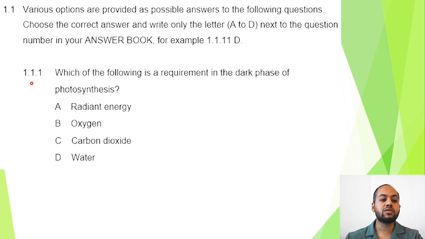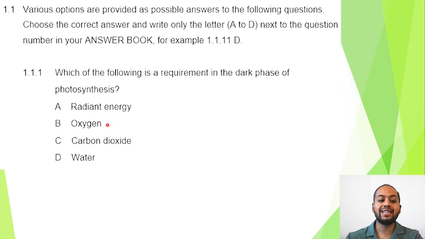So if we go to this first question, it says, which of the following is a requirement in the dark phase of photosynthesis? Radiant energy, oxygen, carbon dioxide, or water? So we are looking at the dark phase of photosynthesis. Radiant energy is required in the light phase of photosynthesis.